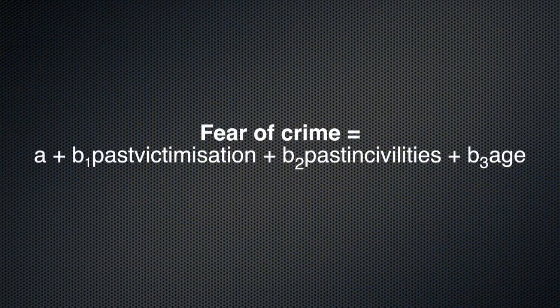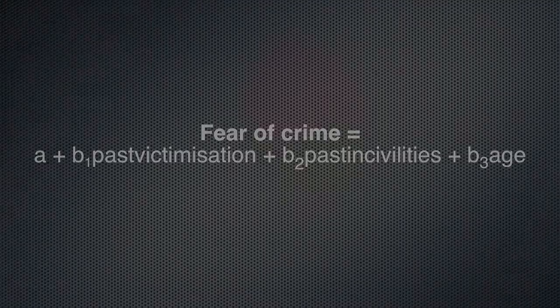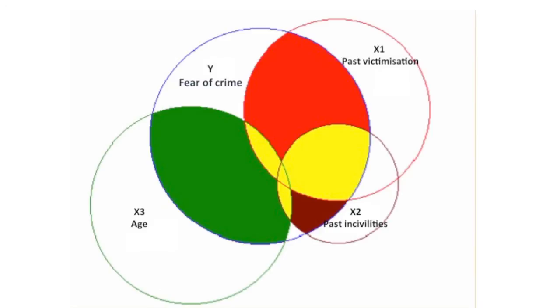This shows another situation with three predictors. Fear of crime is equal to A plus B1, past victimisation, plus B2, past incivilities, plus B3, age. As you can see, the predictors are overlapping amongst themselves, which indicates that they themselves are intercorrelated. The large R squared is represented by all the shaded areas.